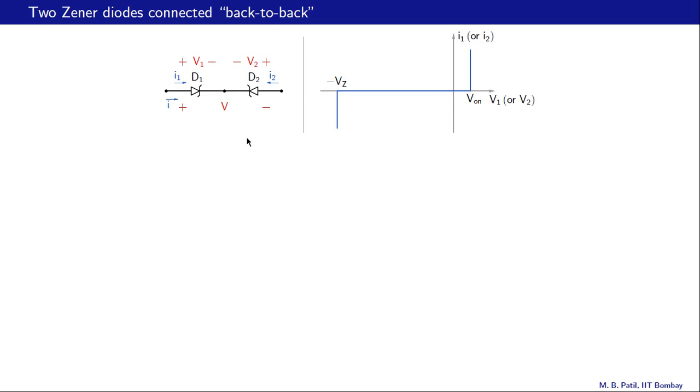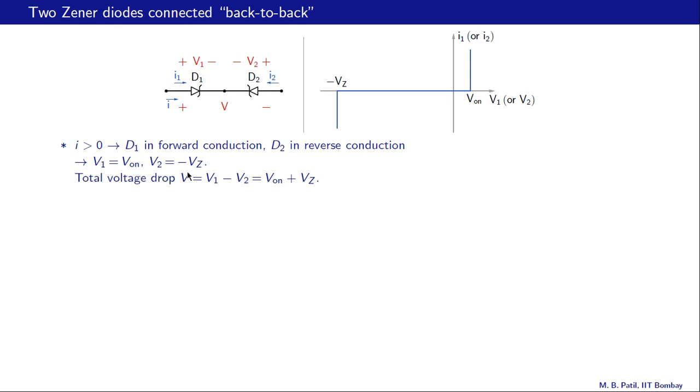And let us see what the complete picture looks like. So D1 in forward conduction, D2 in reverse conduction. V1 is V on, V2 is minus Vz. And our interest, of course, is what is this total voltage drop. So the total voltage drop is V1 minus V2, and that is V on minus minus Vz.